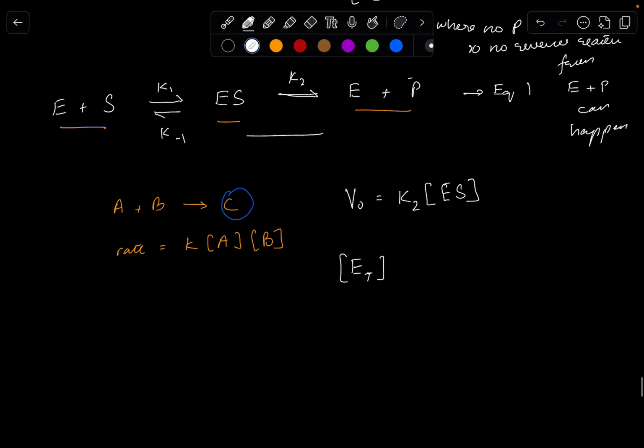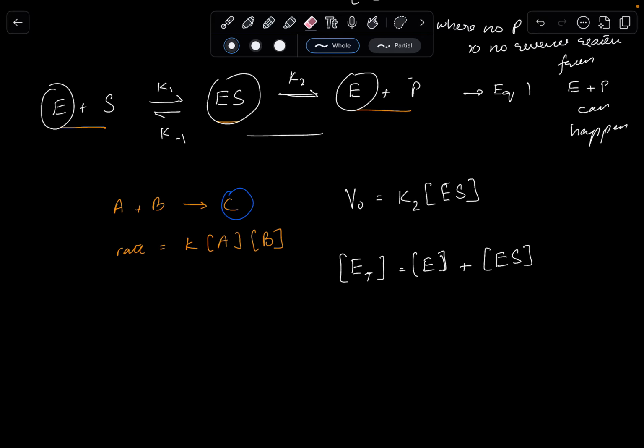It comprises of our enzyme and our enzyme substrate complex. Correct? So E total is equal to our enzyme concentration plus our enzyme substrate complex. So those are some things we're looking at.